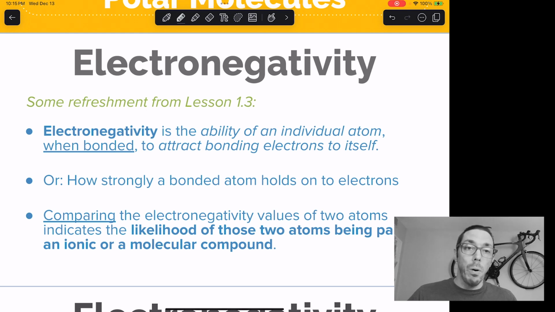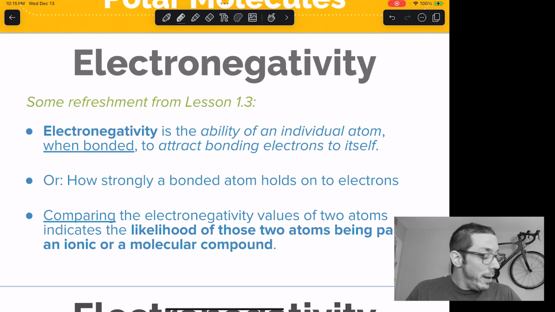So if you're more electronegative than the other element that you're in a bond with, you're going to be able to pull or hold the electrons in that bond closer to yourself. And then the other atom will have less of a pull on those electrons.